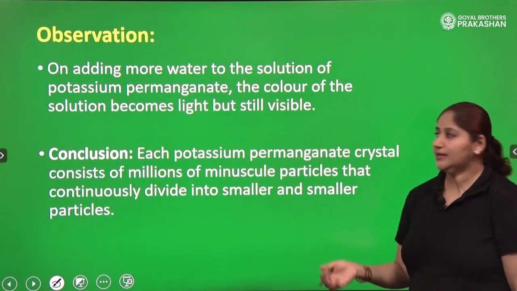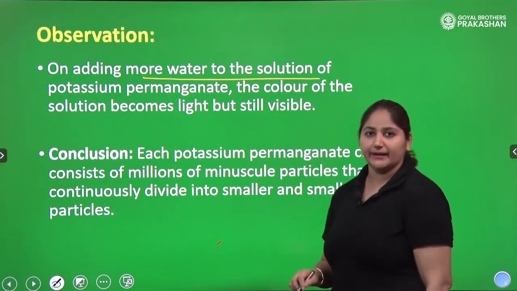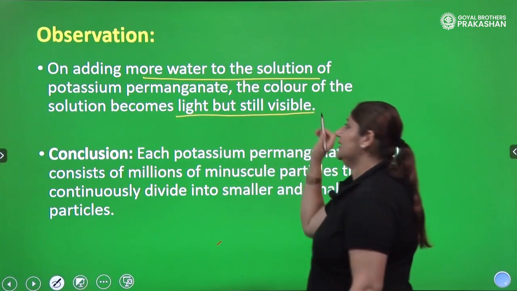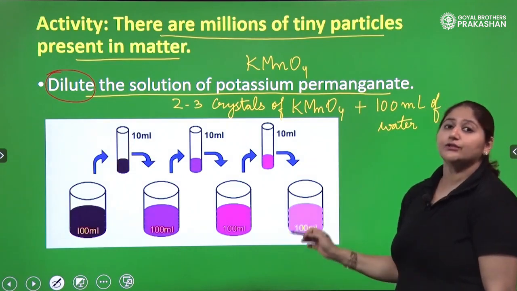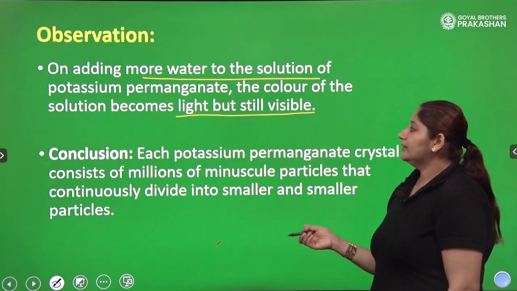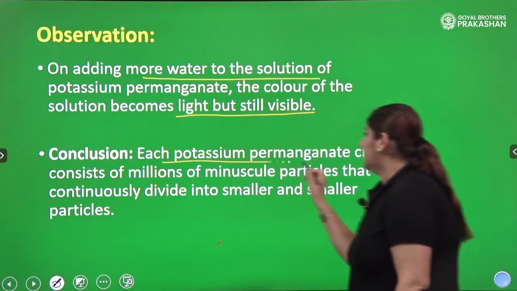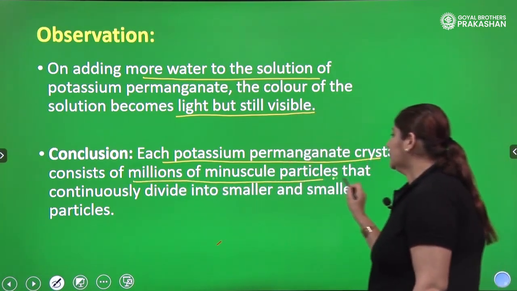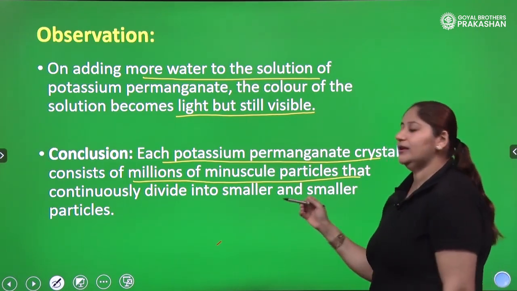So can I say the observation is that on adding more water to the solution of potassium permanganate, the color of the solution becomes light but still visible, right? Do you still see the color? Yes. The color is still visible though it is a light shade now. So what is the conclusion? Can we say that each potassium permanganate crystal consists of millions of minuscule particles that can continuously divide into smaller and smaller particles?